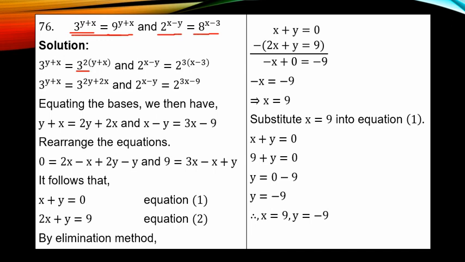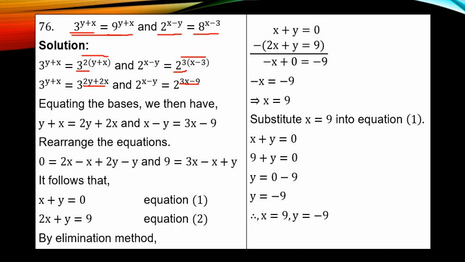So you express 8 as 2 cube. If we expand this power, you have 2y plus 2s. If you expand this power, you have 3s minus 9. That is 3 times s, 3s, and 3 times minus 3 is minus 9.